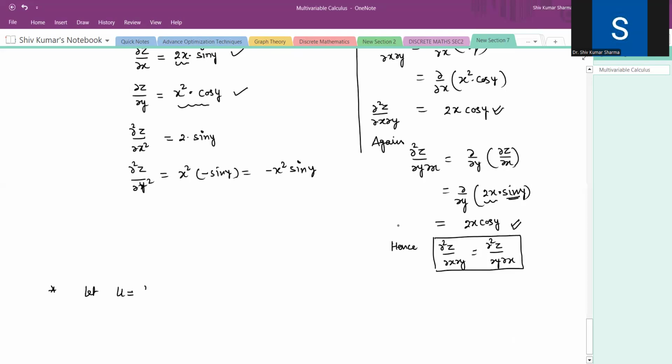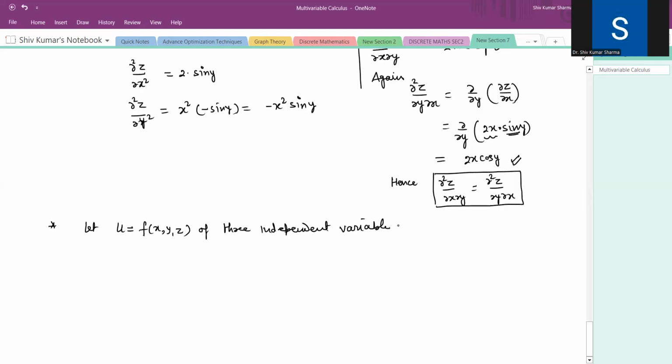So u equal to a function of x, y, and z, three independent variables. So u is a function of three independent variables x, y, and z.